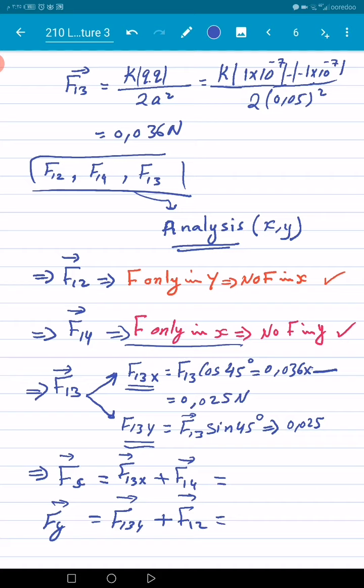F14 you know, F13x you know, so adding these two, Fx is equal to 0.169 Newton.